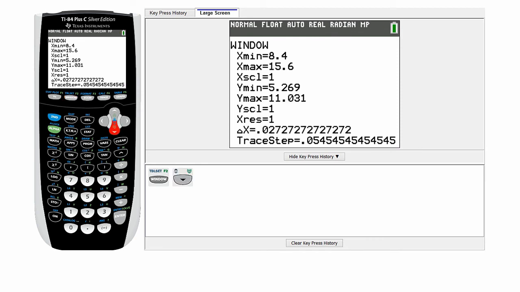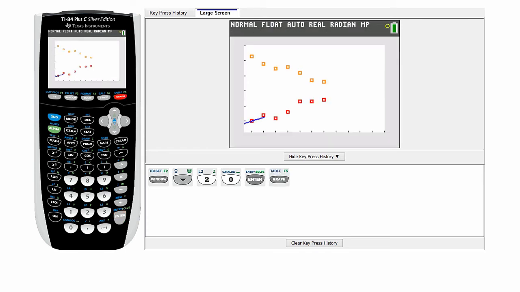The X-max I'm going to change from 15.6 to 20, so type 20, enter. The Y-min and Y-max should be fine, so I'm going to push Graph again. Now we can see on our graph where the 2 lines cross.